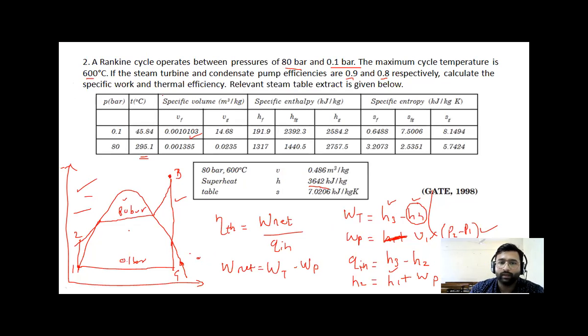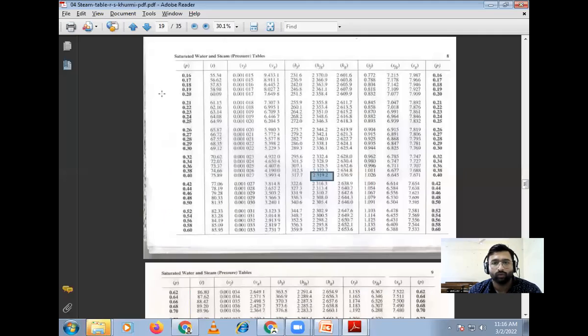Just for the time being, go to the steam table. Go to the superheat tables. Go to 80 bar and 600 degrees Celsius. Just cross-check whether the enthalpy value is correct or not. So go to the superheat table for enthalpy.